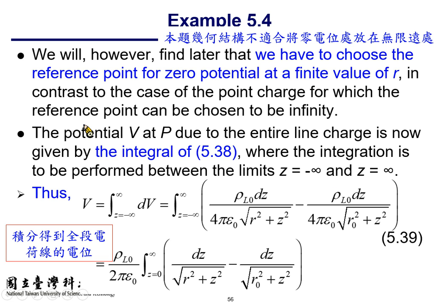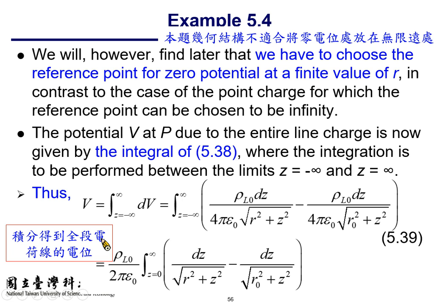So to get the electrical potential built up by this infinite line, we perform integration of the line charge from z equals minus infinity to z equals infinity. So we end up with equation 5.39 over there.